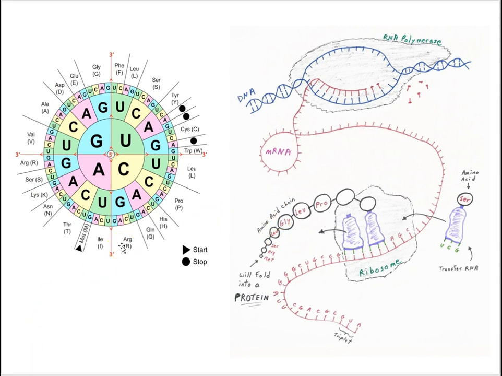The genetic code, then, is this relationship between the letters of DNA and messenger RNA, they're close cousins, and the language of proteins, which is amino acids. So this diagram is a translating device. It's like the Rosetta Stone, translating between two languages: the language of messenger RNA and the language of amino acids in proteins.